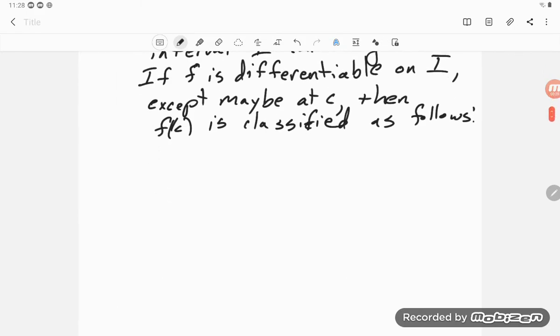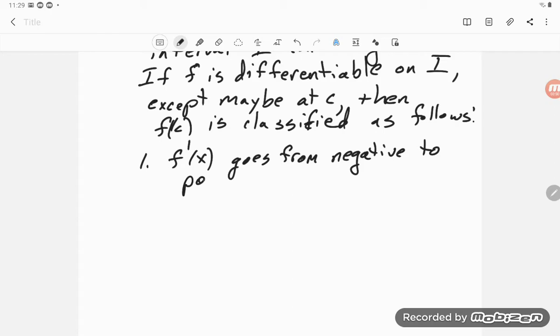So what could happen? Well, one possibility is that f prime of x changes from negative to positive at C. So here is f of C, and the derivative was negative.